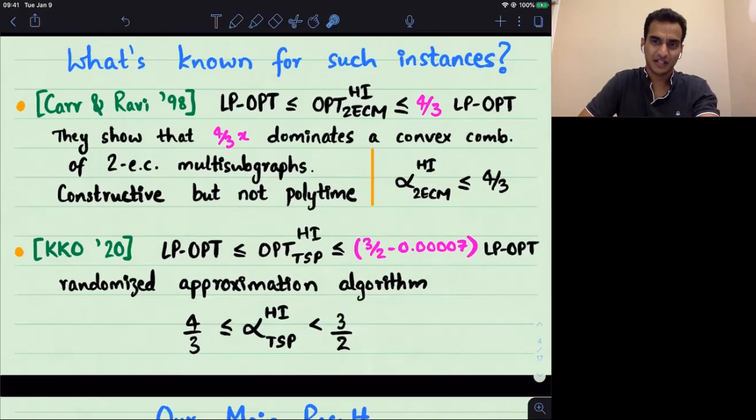The result is constructive, but not polytime, and our work focuses on designing a polytime algorithm for this result. Recently, Karlin, Klein and Oveis Gharan showed that the integrality gap for TSP on half-integral solutions is strictly bounded away from 3/2. In fact, they give a randomized approximation algorithm for it.